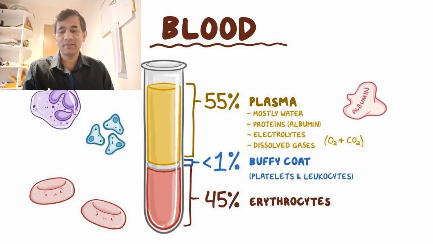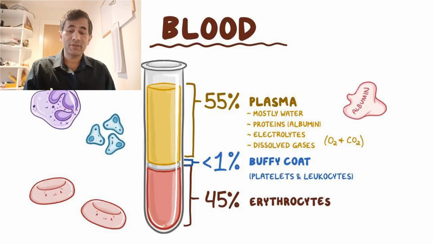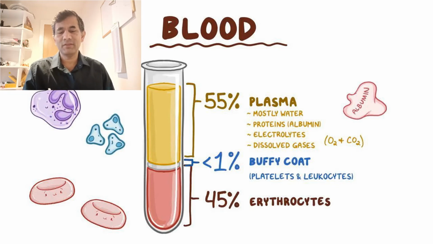So plasma is 55%. It has got water, protein, electrolytes, gases, salts, hormones, and the rest are the cells, red blood cells, about 44 to 45%, and there are very few platelets and white blood cells.